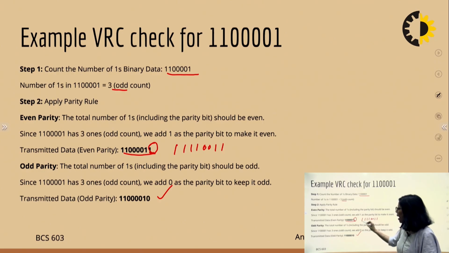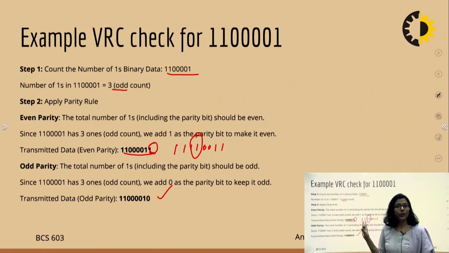Now, see, there is a change in 2 bits, right? But still it is even parity. So again, I am unable to detect that there is some error. So, the VRC technique will work fine for single bit error, but it does not work for burst errors.